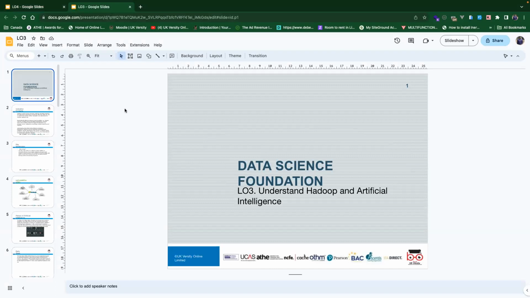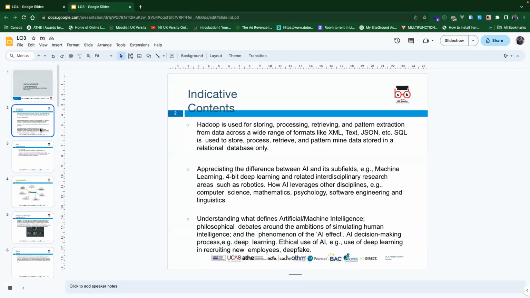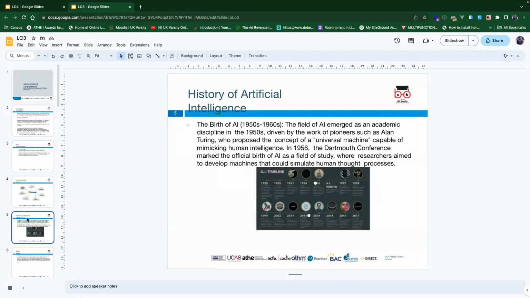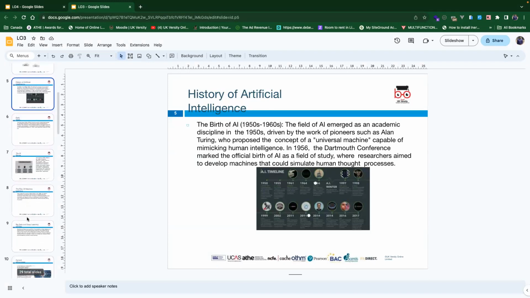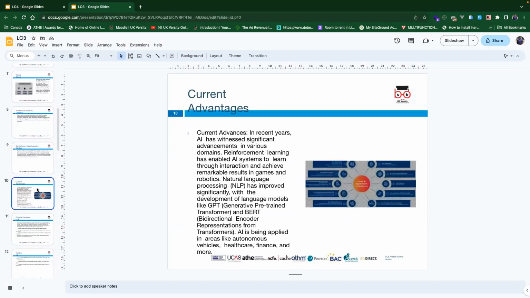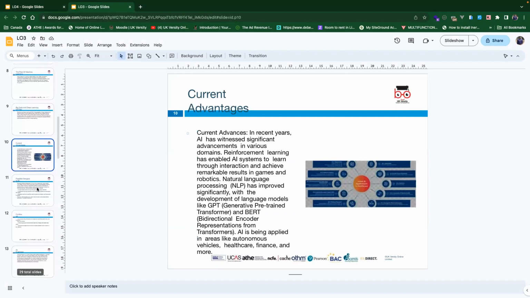Just to recap, yesterday we spoke about Hadoop. We spoke about the history of artificial intelligence. We spoke about the years of evolution. We also spoke about the advantages.